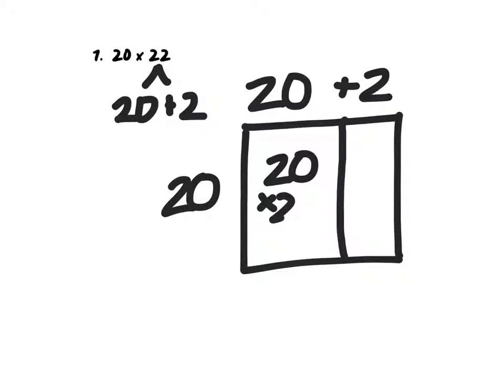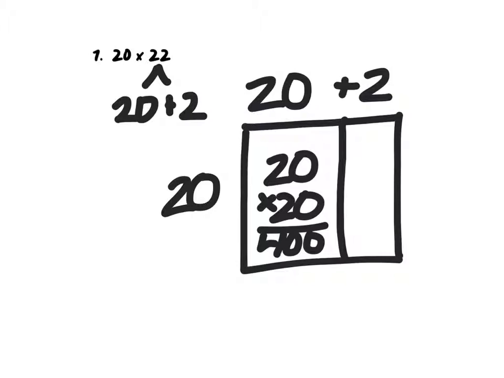multiplied by 20. So we know 2 ones multiplied by 2 ones will give us 4 ones. So if 20 groups of 10 multiplied by 20 groups of 10, that means we will get 400.